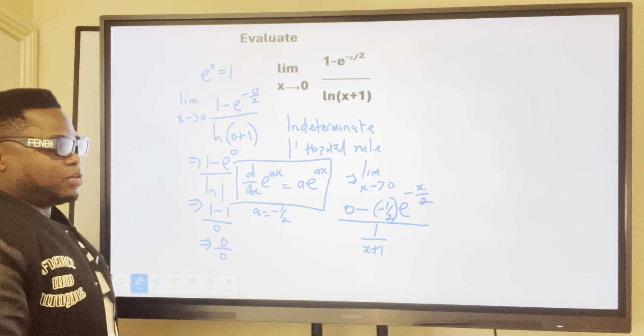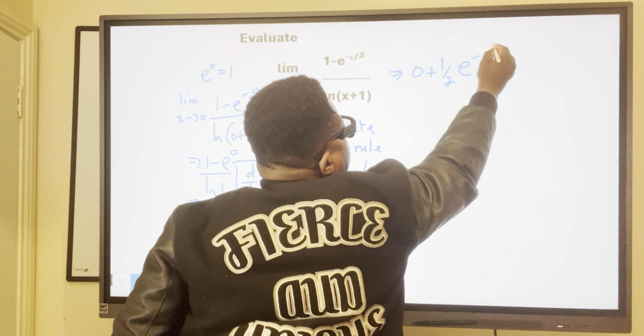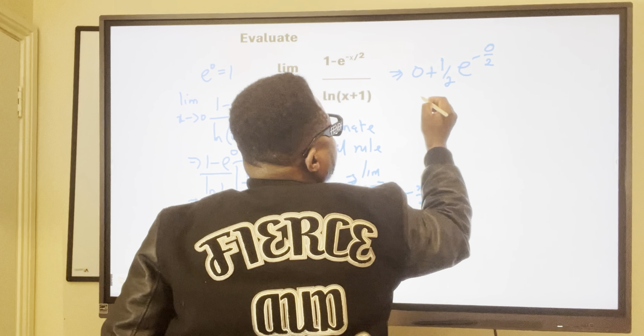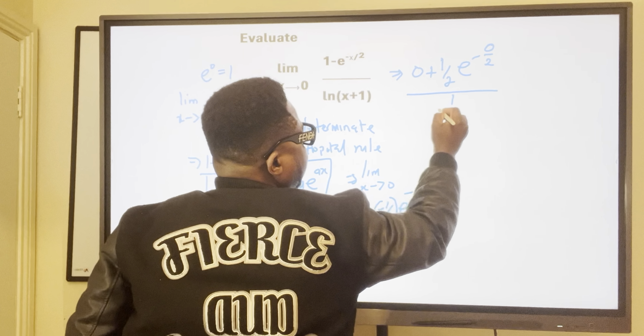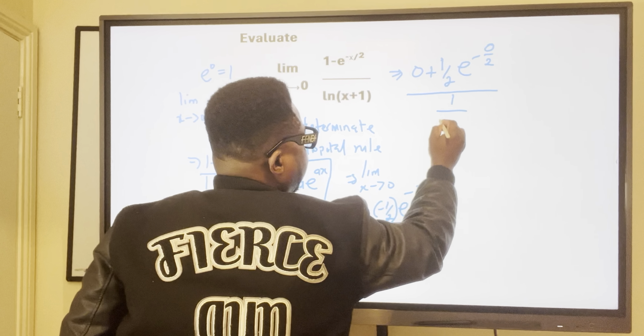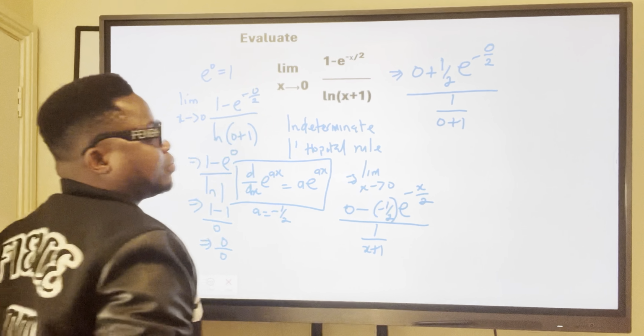So this is the same thing as 0 plus, remember that minus minus is plus, I'm going to write plus here, half e to the power of minus 0 over 2 divided by 1 divided by 0 plus 1.